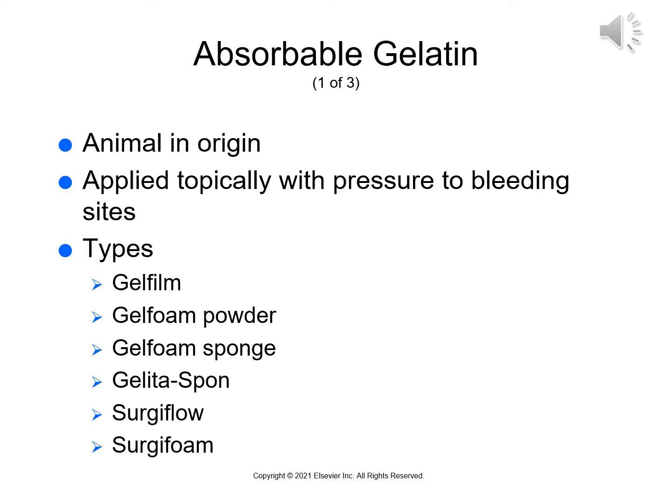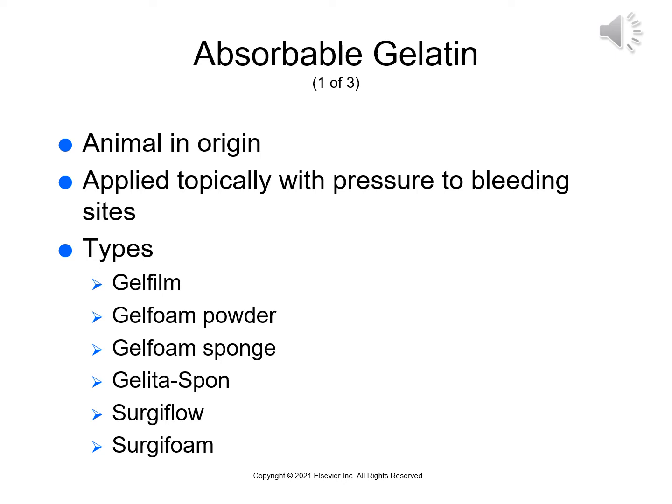Okay, so the first one is absorbable gelatin. Under the coagulants, let's talk about the absorbable gelatin. So again, these are hemostatics. All right, so in the second column up at the top, gelatin hemostatics are absorbed completely in 4 to 6 weeks depending on such factors as the amount used and the surgical site.